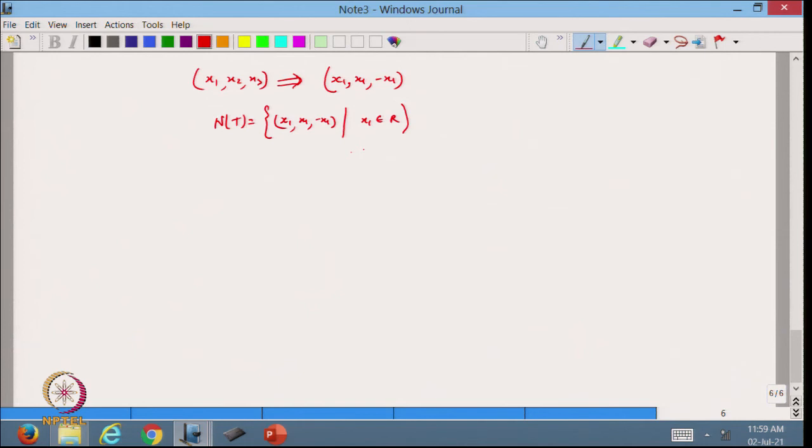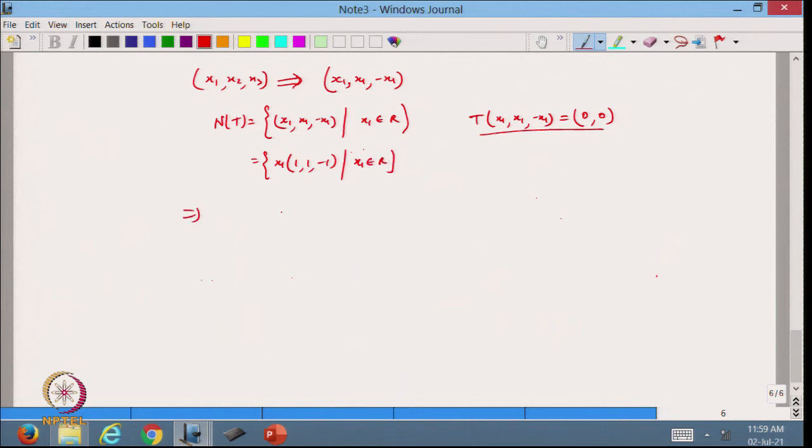I can check that T of (x1, x1, minus x1) gives x1 minus x2 equal to 0 and x1 plus x3 equal to 0, so it goes to 0. This is of the form x1 times (1, 1, minus 1).